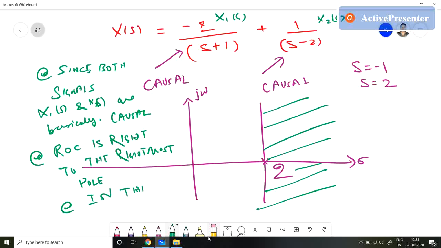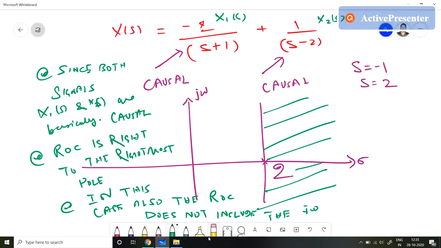So in this case also, the ROC does not include the j omega axis.